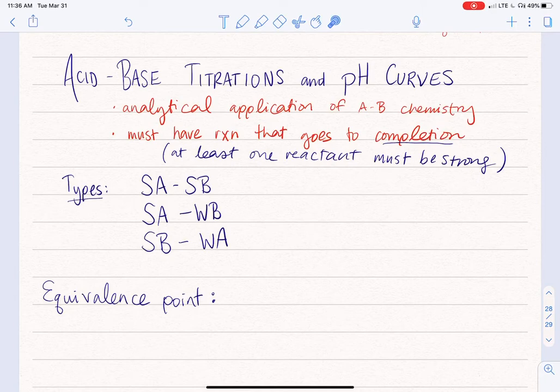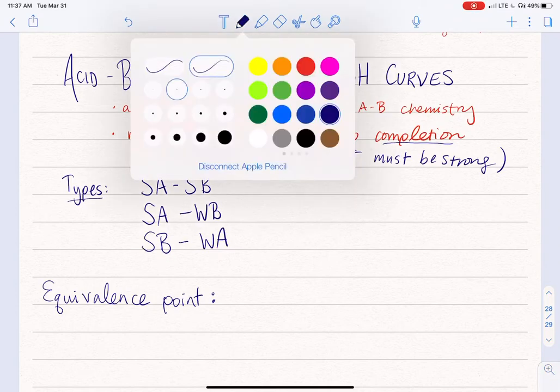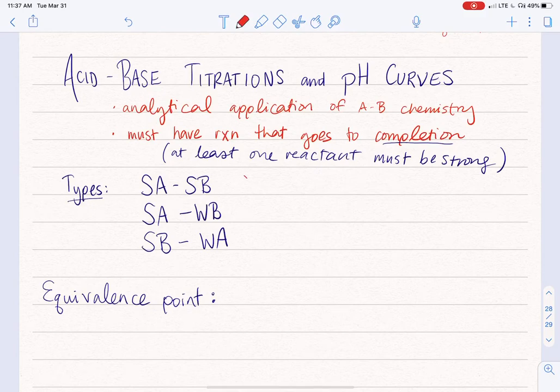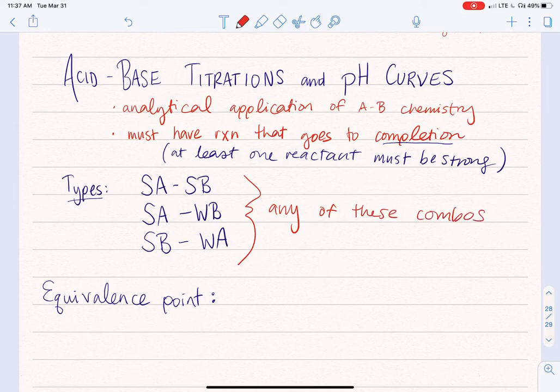You can titrate a strong acid with a strong base, but in any event, both of the components can be strong. Or you can titrate a weak base with a strong acid, or you can titrate a weak acid with a strong base. So these are the three combinations that will allow for a titration. So any of these combinations will permit a titration.